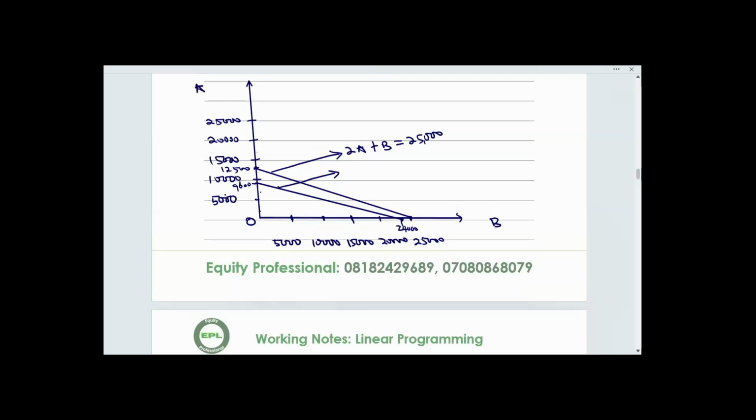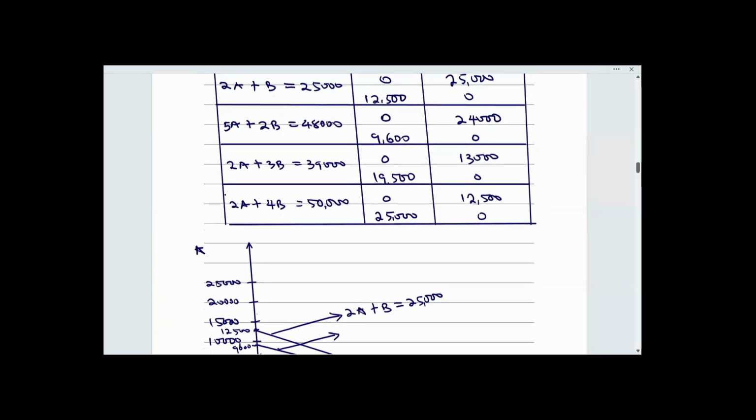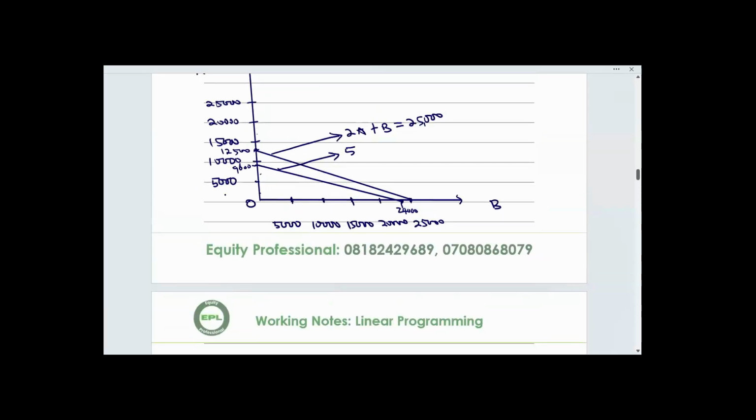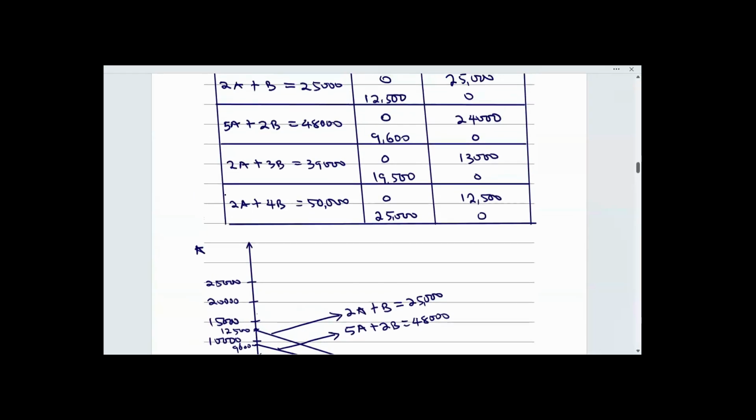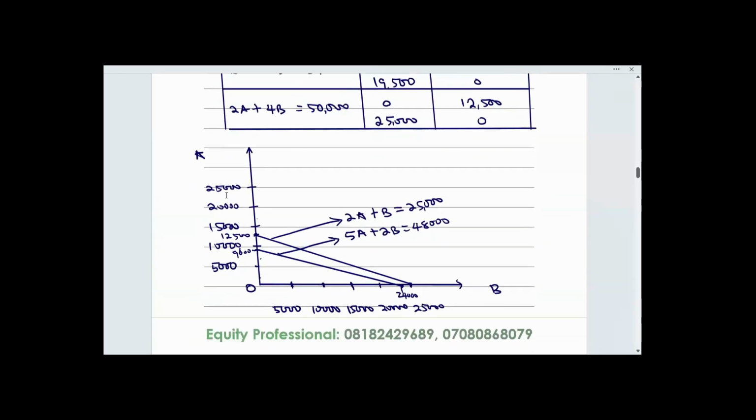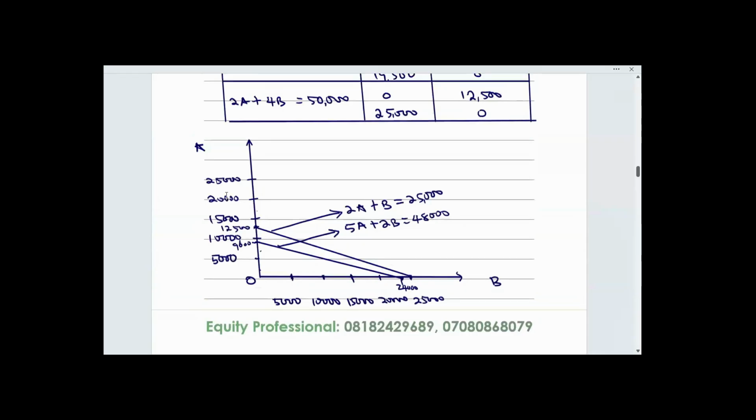Then you write out the equation. This is equation 5A plus 2B equal to 48,000. The next one, equation 3, 19,500 for A. 19,500 is close to 20,000. So let's say 19,500 is somewhere here.